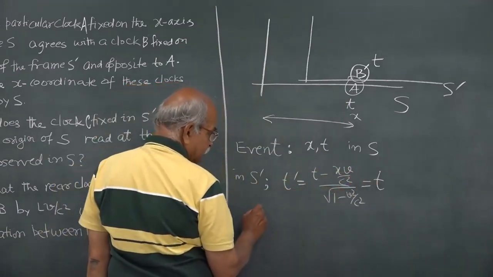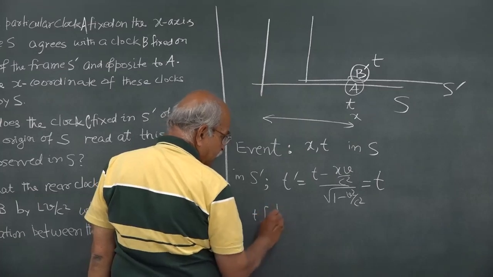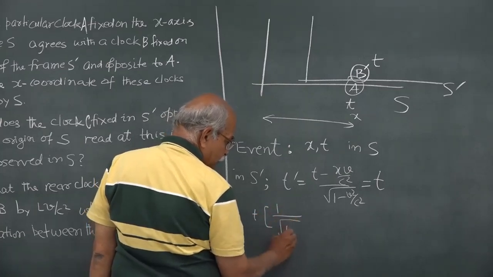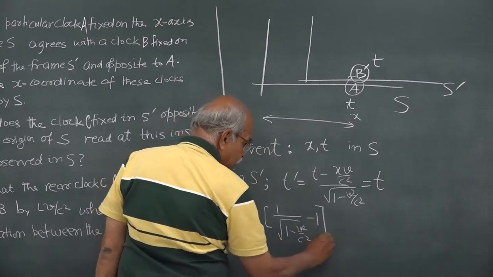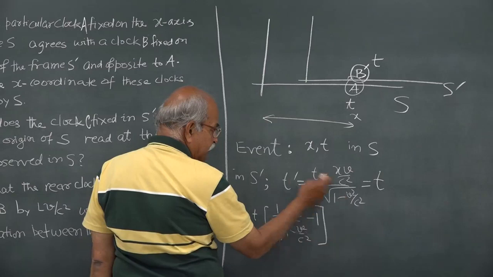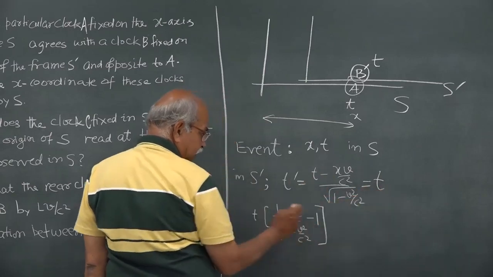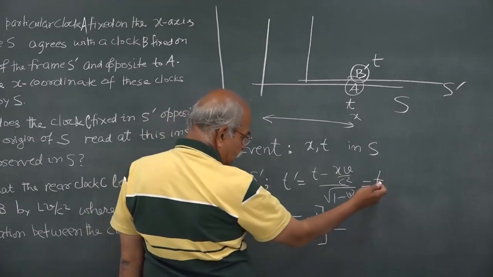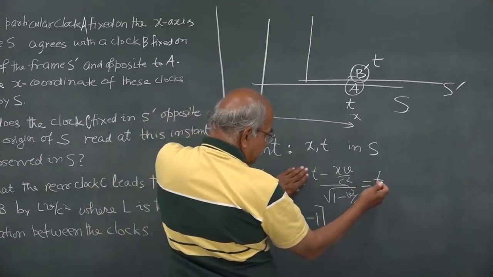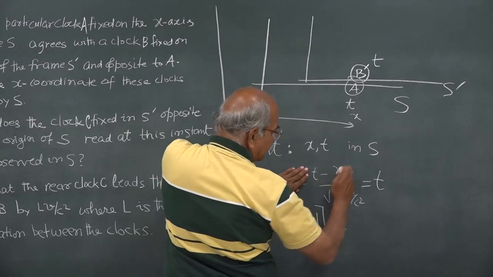It is t and 1 divided by square root 1 minus v square by c square and minus 1. So, what I have done? I have written this term and I have written this term. So, minus 1, and this should be equal to, so I have taken this thing here and I am taking this thing on that side.